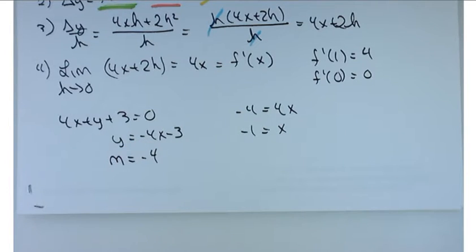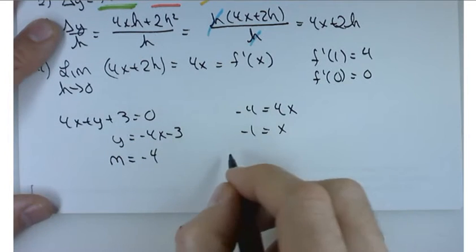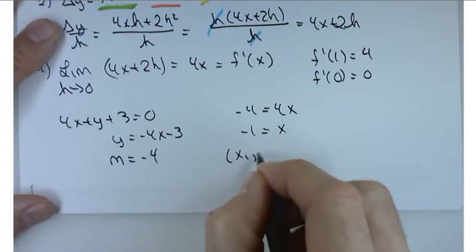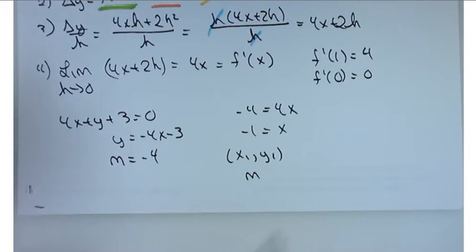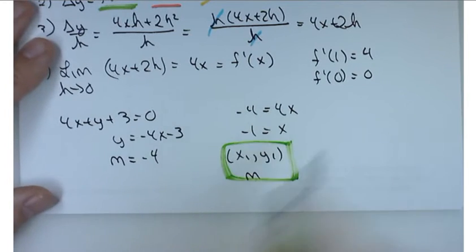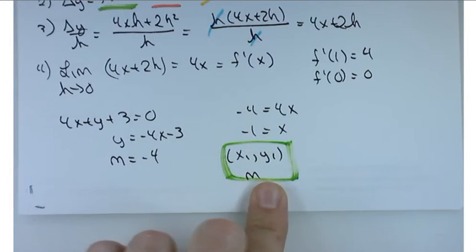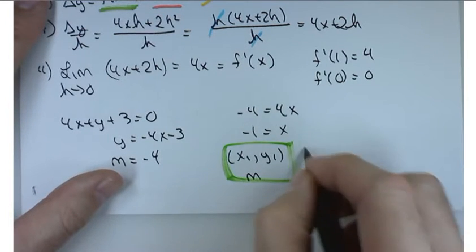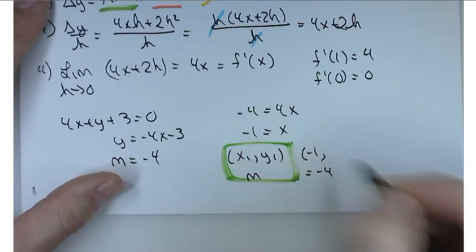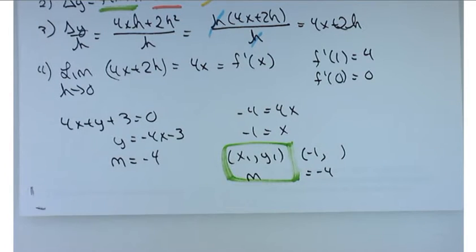The only thing left I have to do, if you remember what I put down earlier, I need x1 and y1, and I need m. Those are the things I need to find the equation of a line. I already know what m is. m is -4. My point is -1 for x. But what's the y coordinate?